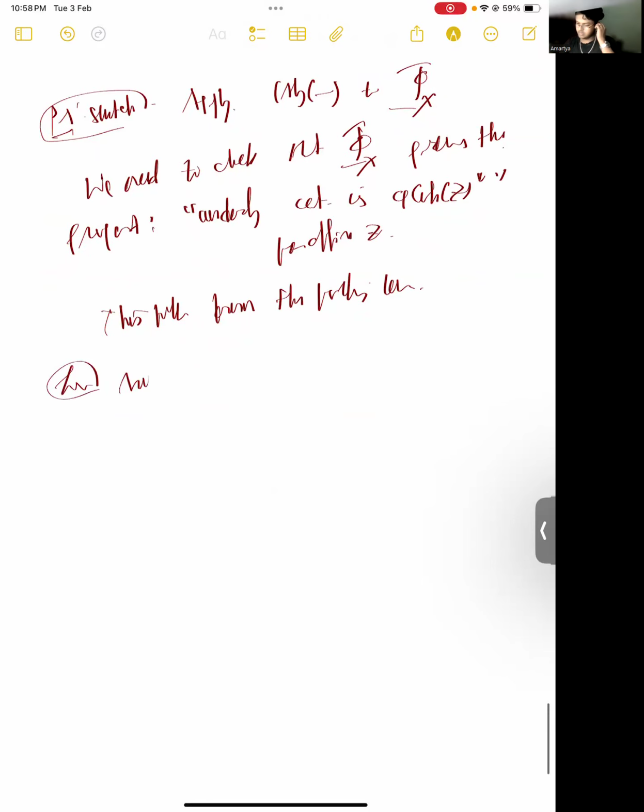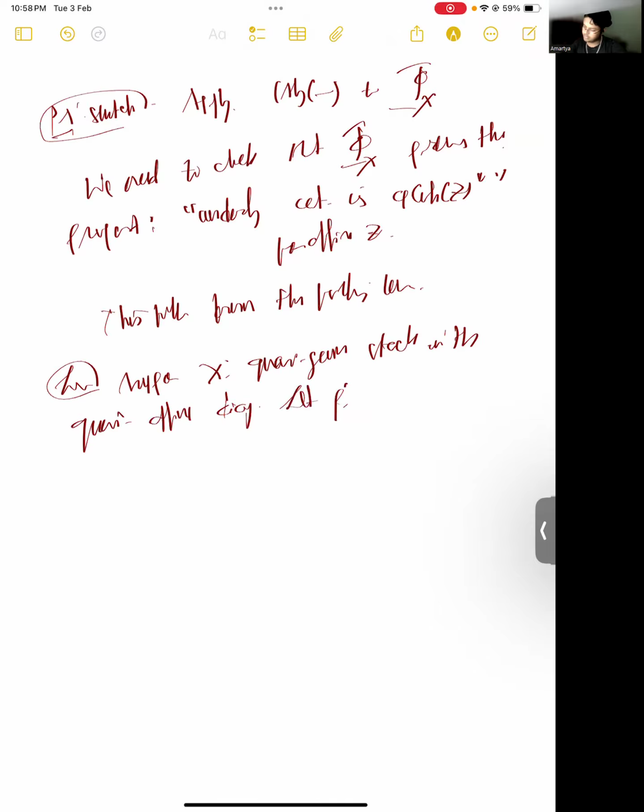So suppose X is a quasi-geometric stack with quasi-affine diagonal, let P from U to X be a morphism of geometric stacks.